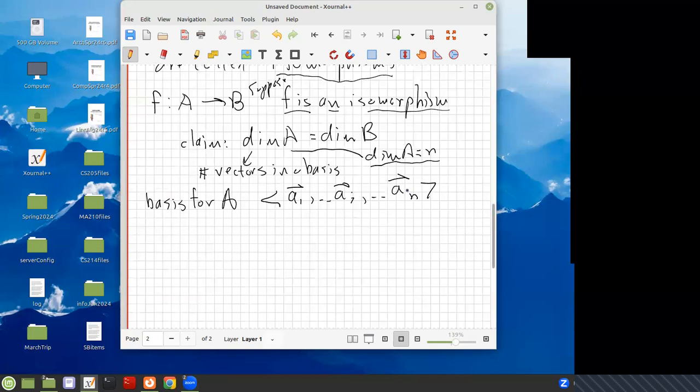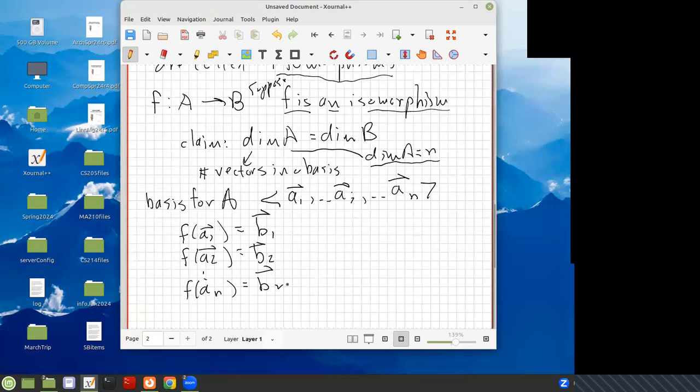Now if F is an isomorphism, then because each of these vectors is in A, F is going to map A1 to some vector B1, because it's well defined, and F of A2 goes to some vector B2, and F of An equals some vector Bn.